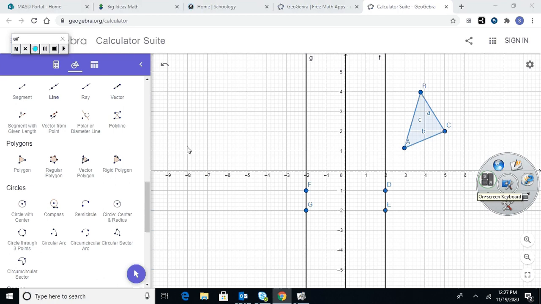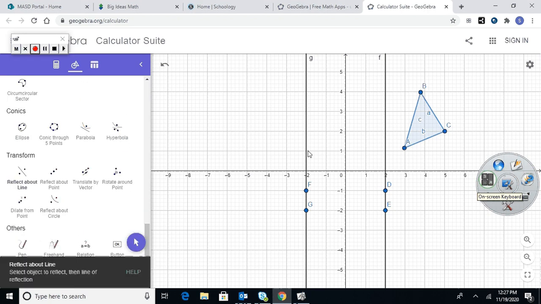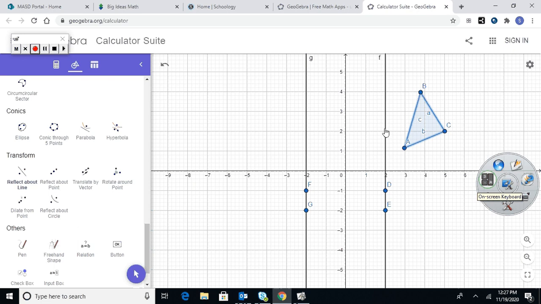All right, so now watch what happens when we reflect this pre-image along the first line we put, x equals 2, and then reflect that image over the line x equals -2.